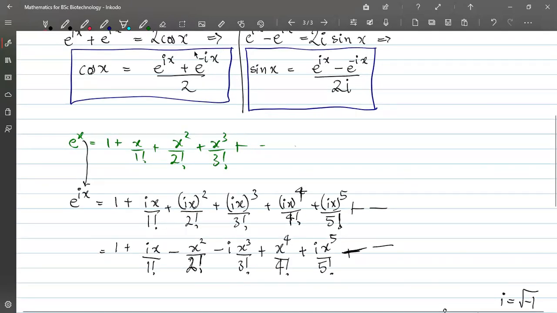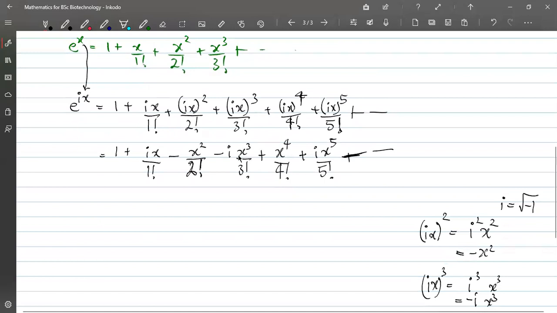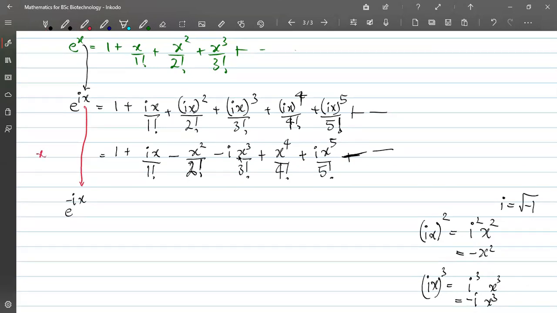We also need e to the minus ix, but that's not difficult because if you replace x by minus x, ix becomes minus ix. So we already have the expansion of e to the ix. So in this, you don't need to calculate everything from the beginning.